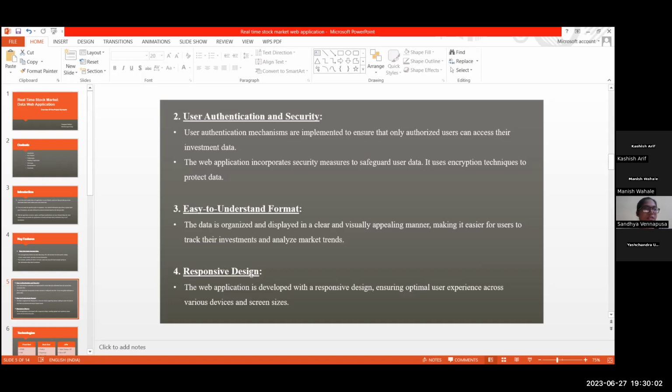And responsive design. The web application is developed with a responsive design, meaning it can be accessed across different devices like desktop, laptop, tablet, and smartphone, so that users can access the application anywhere, anytime, and on any device.